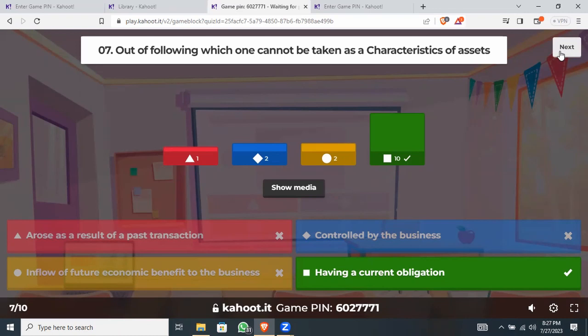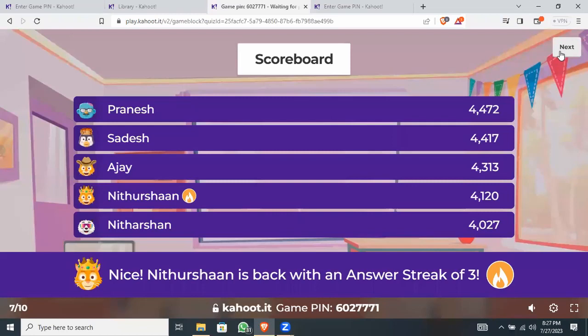But having a current obligation comes under the characteristics of liability. So the answer should be having a current obligation, because I asked which one cannot be taken as a characteristic of assets. Let's move to the scoreboard.